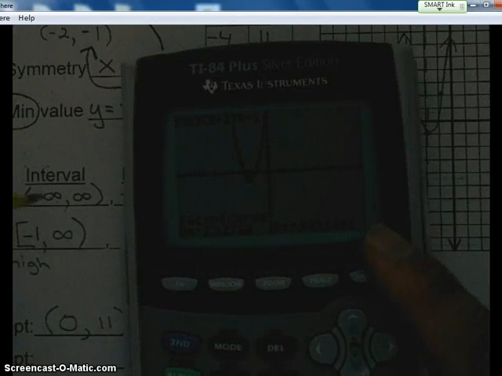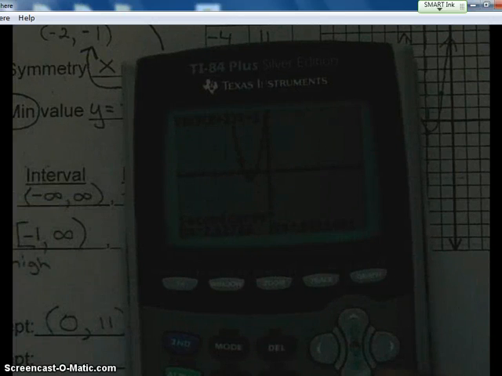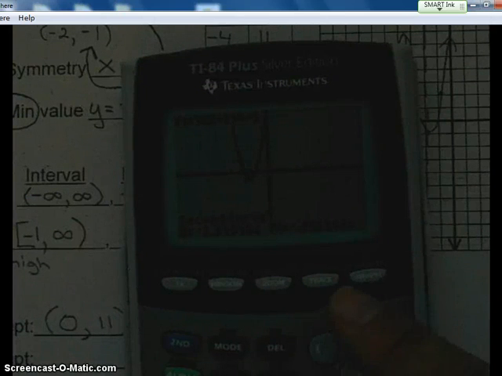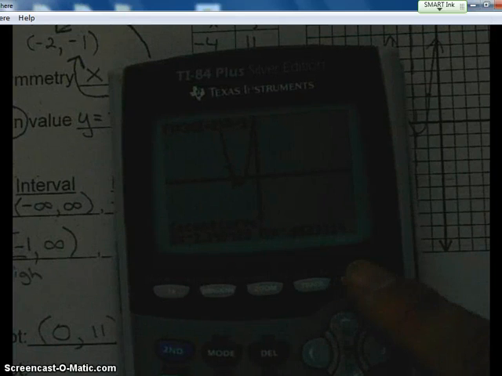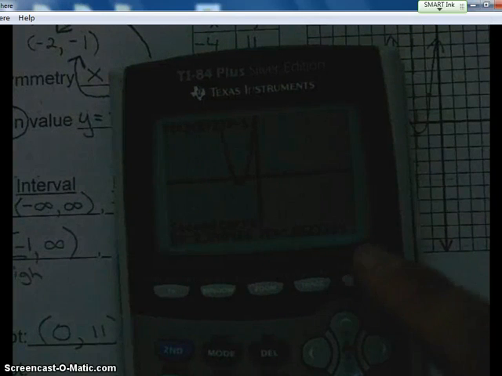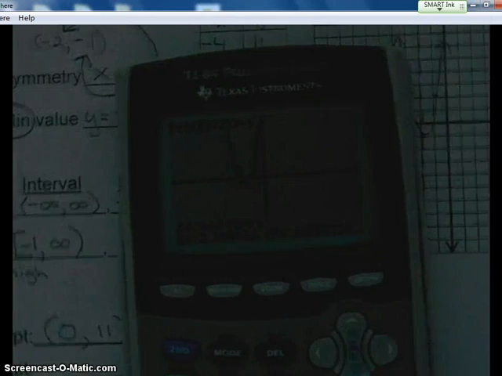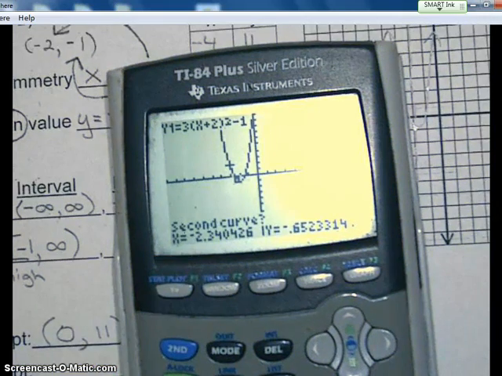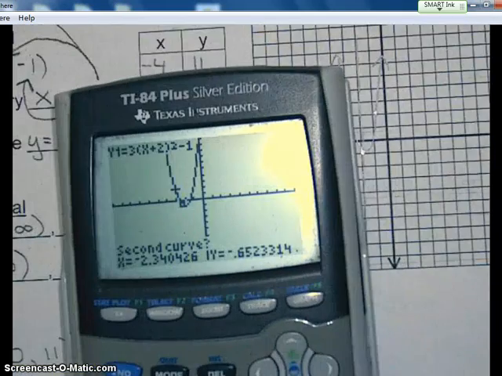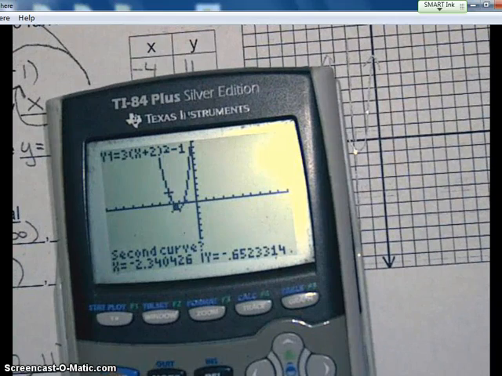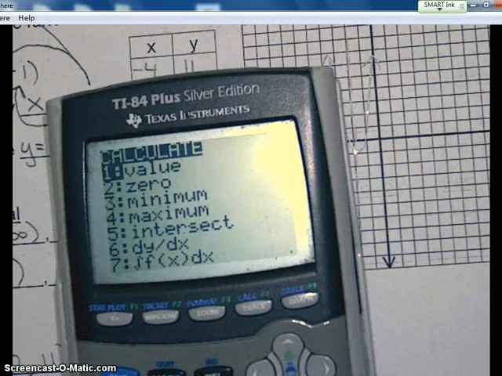Enter. Did I not get below it? How about there? Enter. Need a little bit more light here. I can't see. Now I got too much light. Oh, well, that'll work. Let me start over. Second trace. Okay. Intersect.